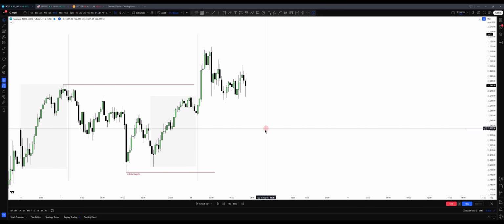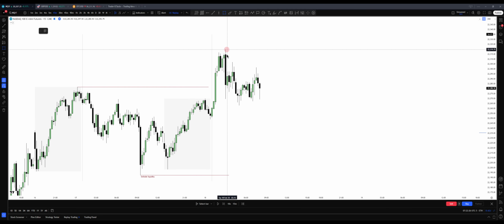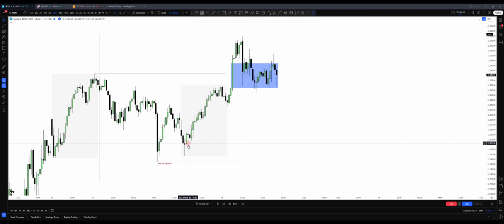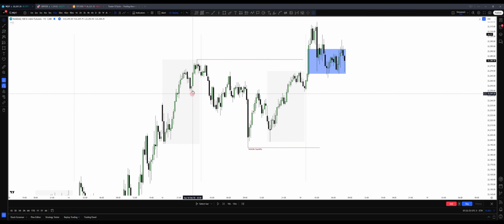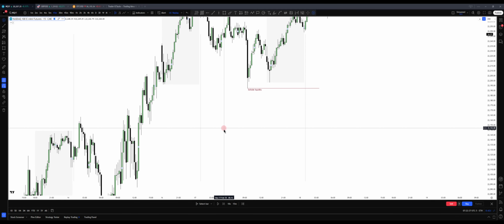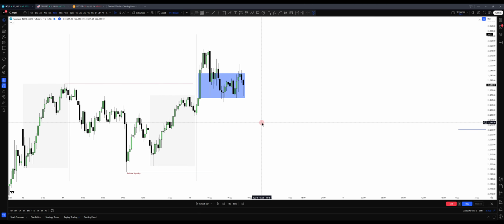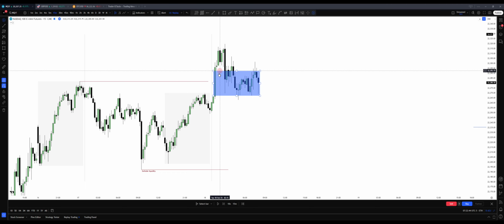So what you want to do right here is you don't want to buy from here because, number one, we have sell side liquidity resting. We have Asian low. We have previous daily low, previous weekly high got taken out, and we have more equal lows.